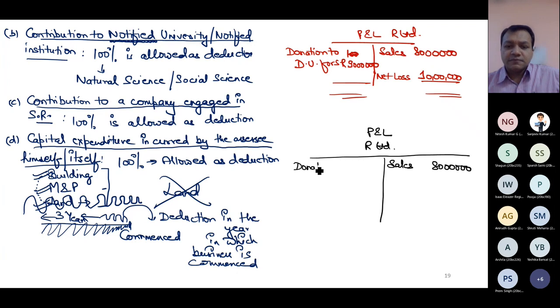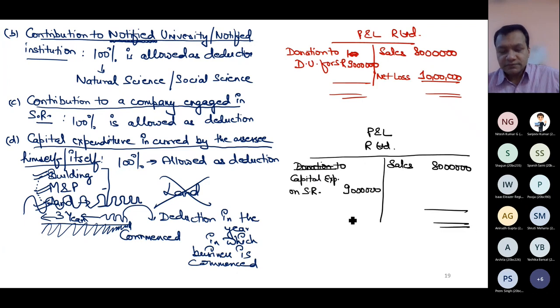Not donation, capital expense on scientific research incurred by me, 90 lakh. Can you tell me the net result? What is the net result?